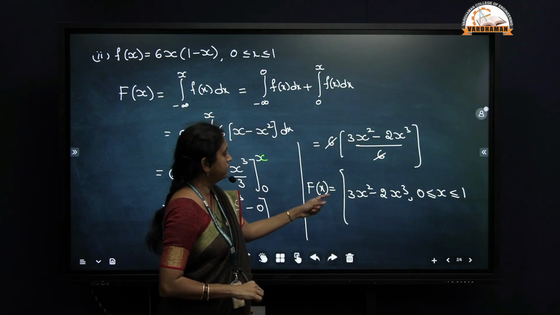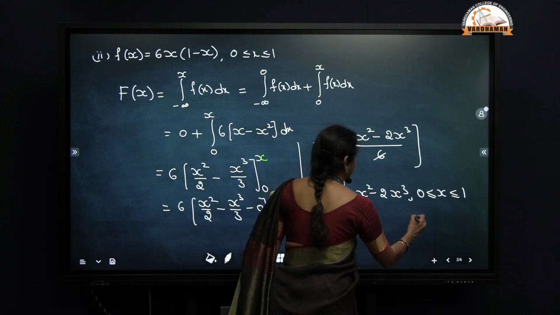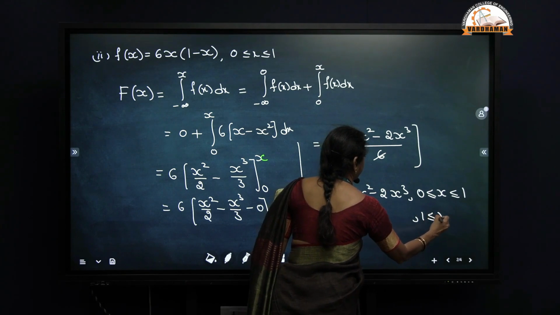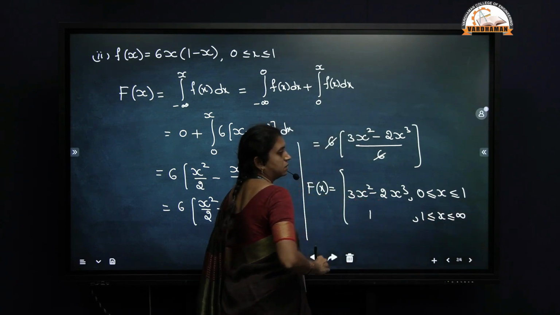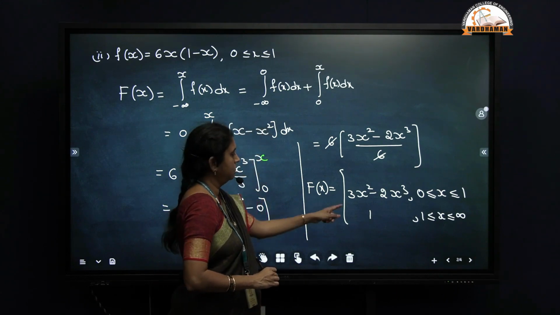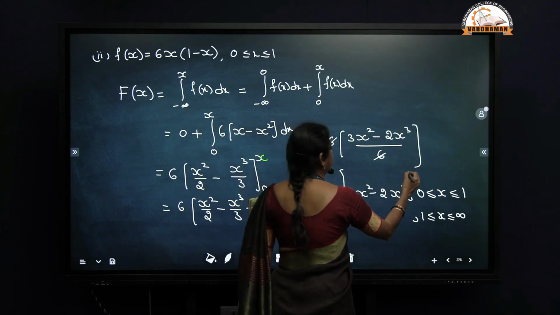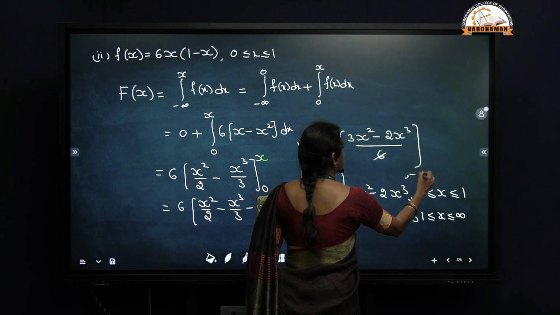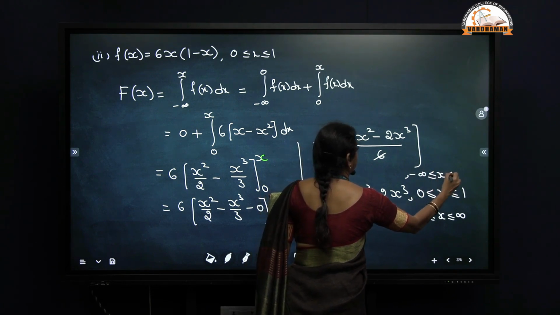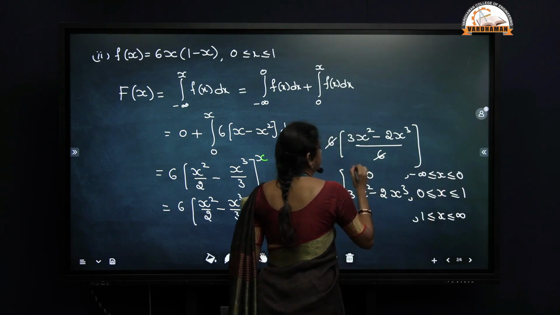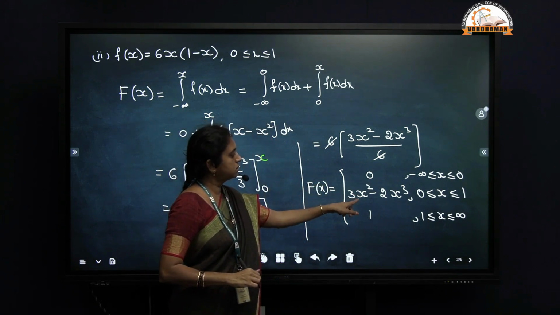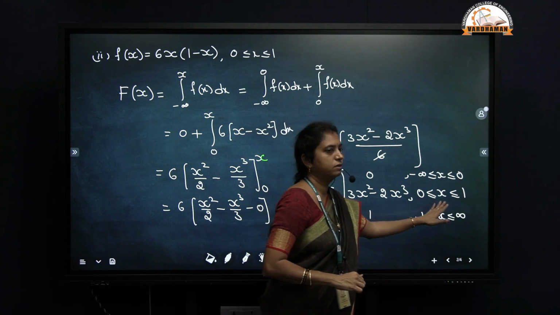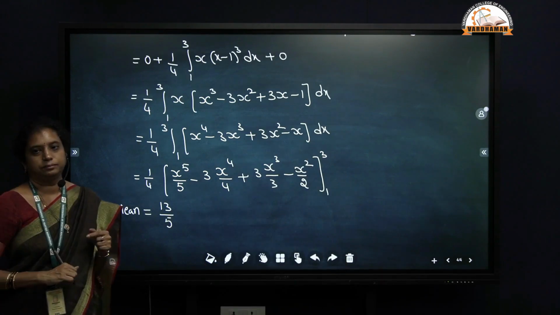Whereas in the interval from 1 to infinity, the value will be 1, since we are finding the cumulative distribution. And in the interval from minus infinity to 0, the value is 0. So the cumulative distribution is given by 3x square minus 2x cube in the interval 0 and 1. Thank you.